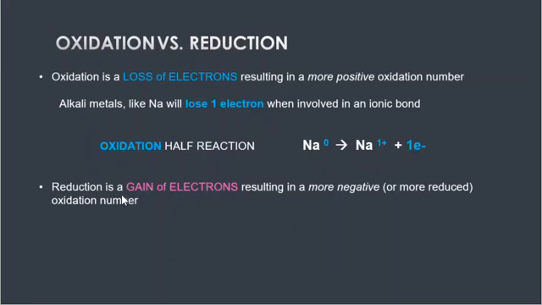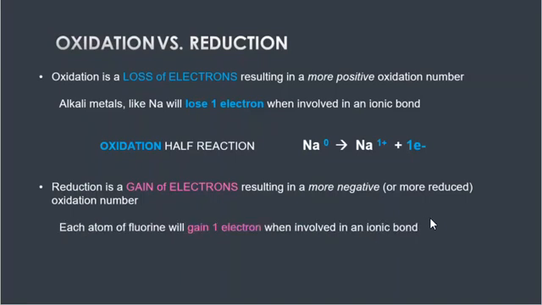Now, if we look at reduction and observe its definition, to gain electrons, the result of that is a more negative charge or more reduced oxidation number. Let's take fluorine, for example. Fluorine, one of 7 diatomic molecules occurring in nature, will gain one electron when involved in an ionic bond.